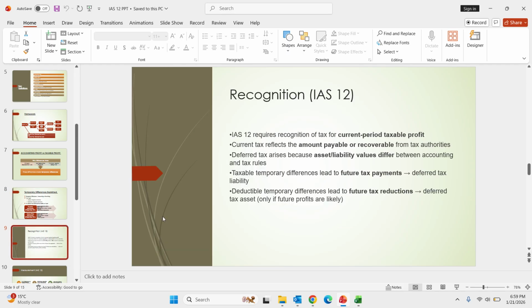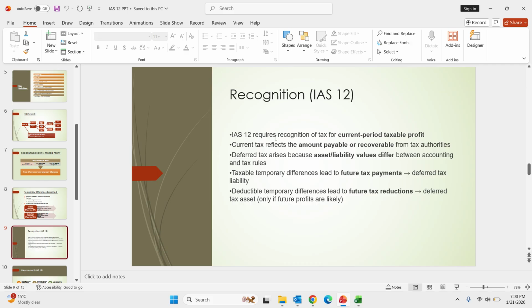Now, for the recognition, let's summarize the core principle of IAS 12. Recognition under IAS 12 ensures that both current tax and future tax consequences are captured.